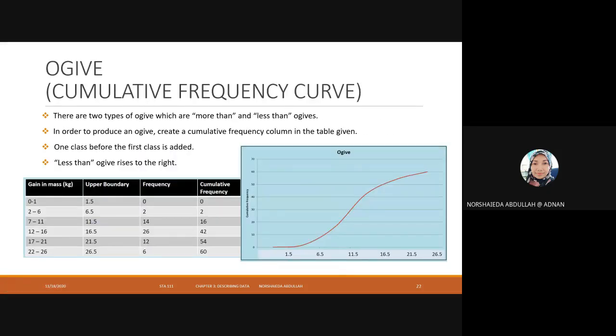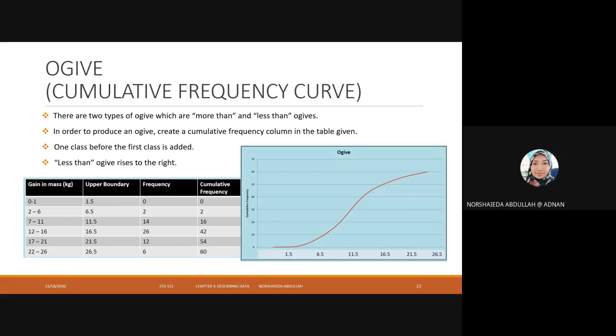Okay, the last one is cumulative frequency curve ataupun OGIF kita panggil, right? So to draw cumulative frequency curve or ogive ni, we need cumulative frequency and also upper boundary of the class, upper boundary of each class.